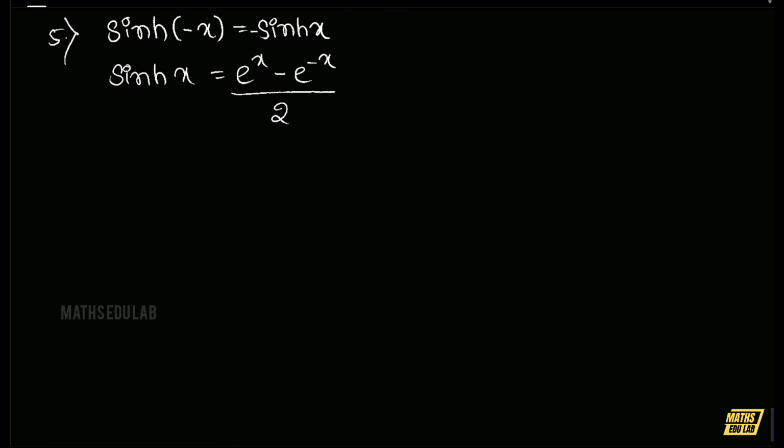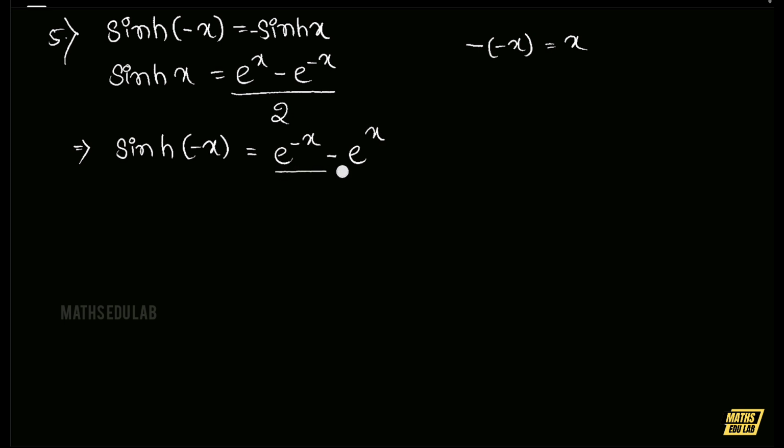So when it is in the minus x form, we can write sinh hyperbolic minus x is equal to, we are just replacing the x term by minus x. So e to the power of minus x minus of, we know, minus of minus x, which is nothing but x. So here we got x upon 2.